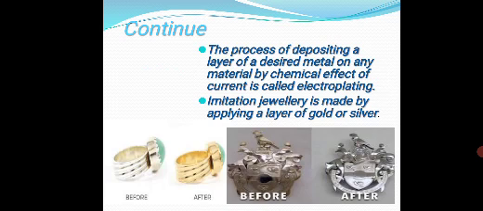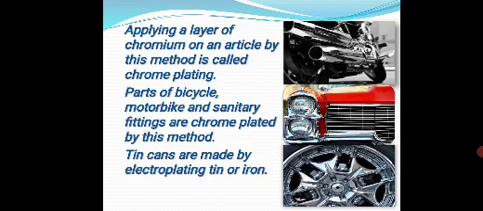Imitation jewelry is made by applying a layer of gold or silver. So there is a ring which is electroplated by gold, and the second picture is also showing silver coating. Applying a layer of chromium on an article by this method is called chrome plating.